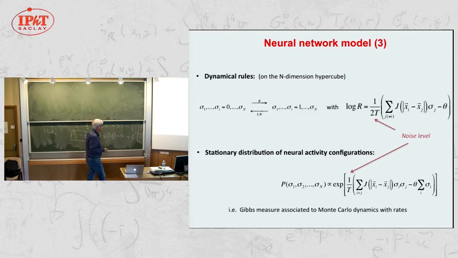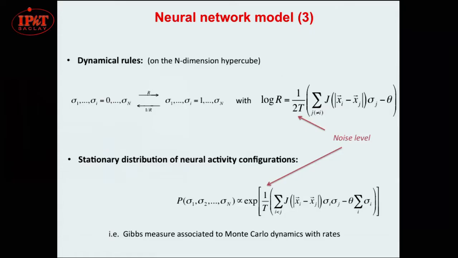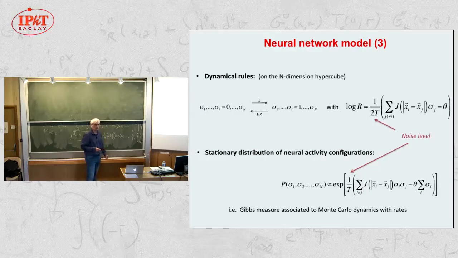So it's some kind of finite temperature version of the Hopfield dynamics I showed you before, which was a zero temperature version. This obeys detailed balance, which obviously is an oversimplification in the context of biology. But it's interesting because we have a stationary distribution for the activity of a population, given by these Ising models with coefficients which depend on the distance between the place field centers in the physical space.